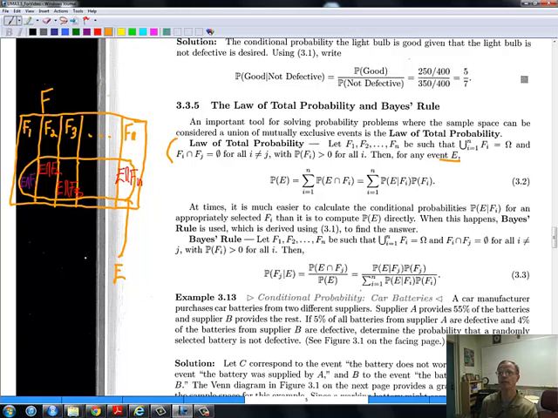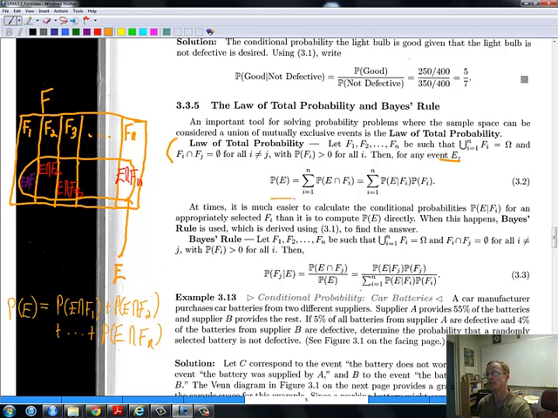So hopefully it becomes manifest that if I want to find the probability of E alone, then the probability of E should be the probability of E intersect F1 plus the probability of E intersect F2 plus all the way up through the probability of E intersect Fn. If I take all those mutually exclusive chunks and add them together, boom, that should do it. That's exactly this first line right here.